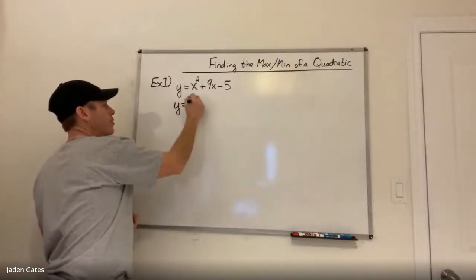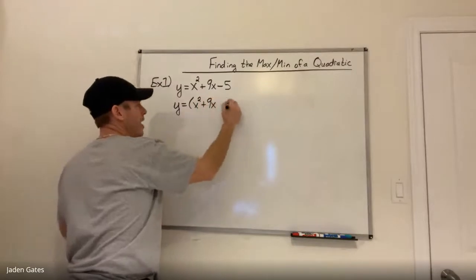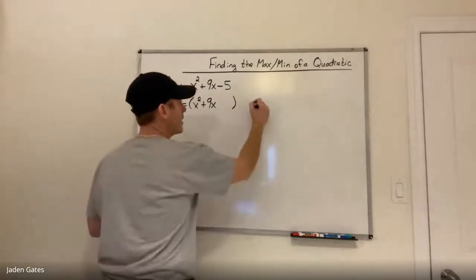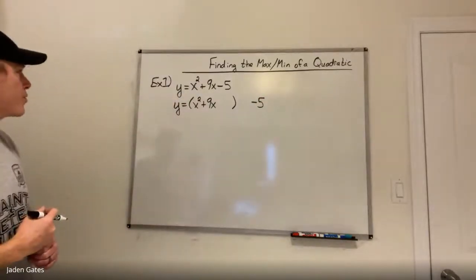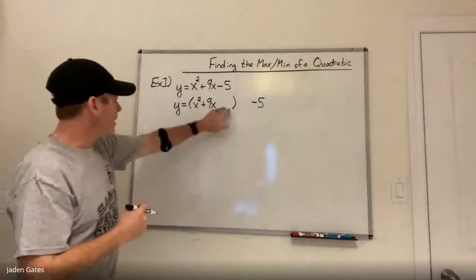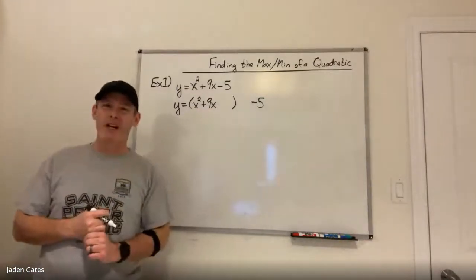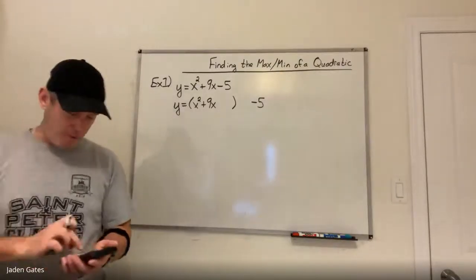So the first thing I'm going to do is put my x squared plus my 9x in brackets. I got to find my magic number because I'm telling you already, it is not minus 5. All right, and so I take half of 9 and I square it. Well, half of 9 is 4.5. All right, and then I square 4.5.